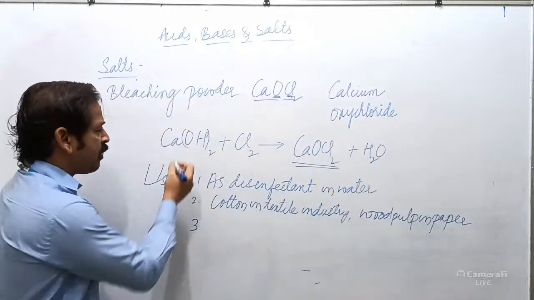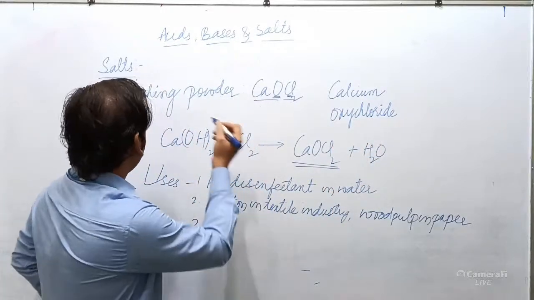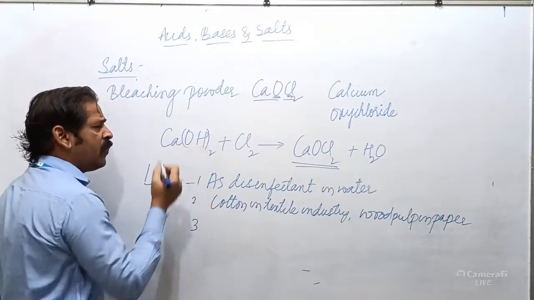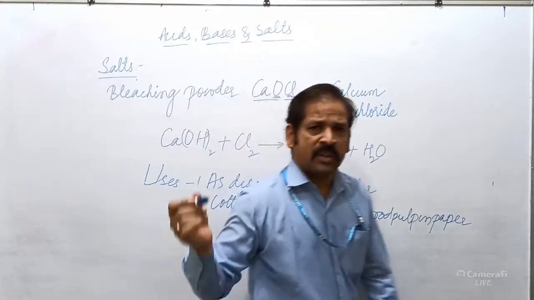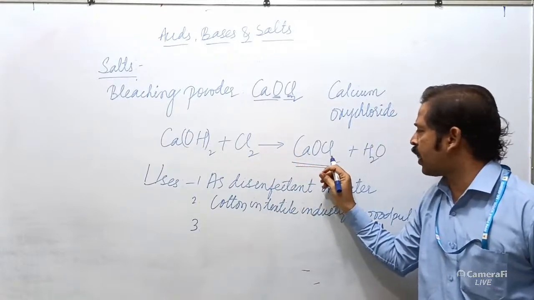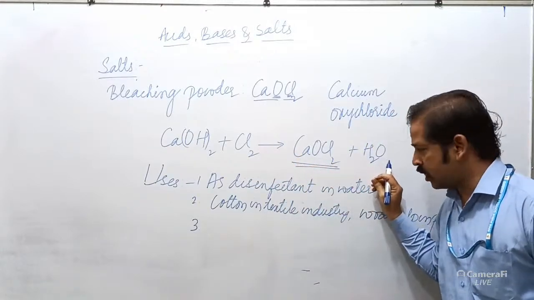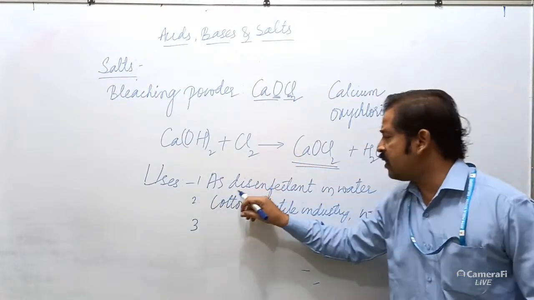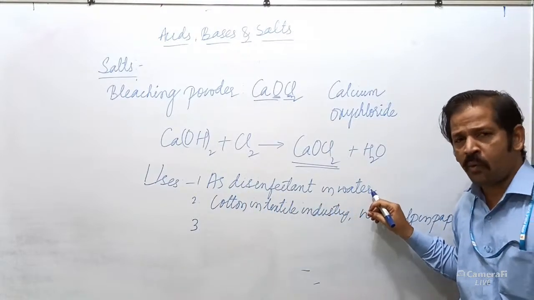How is it prepared? Bleaching powder is prepared with the help of calcium hydroxide and chlorine. Calcium hydroxide reacts with chlorine to form calcium oxychloride along with water. It is used as a disinfectant to clean the water.